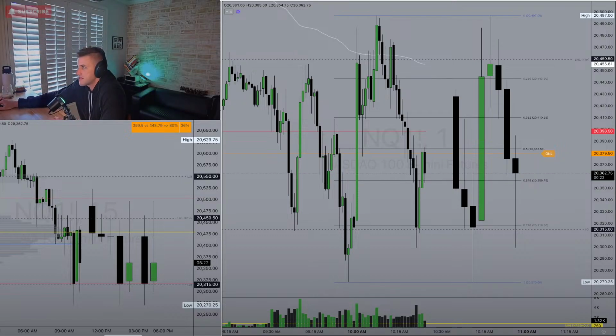Short from that VWAP area, solid. Yeah, that was nice too. It's probably the better play given the bearish backdrop.